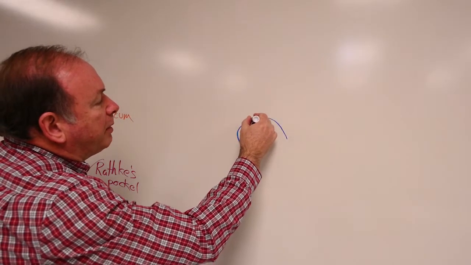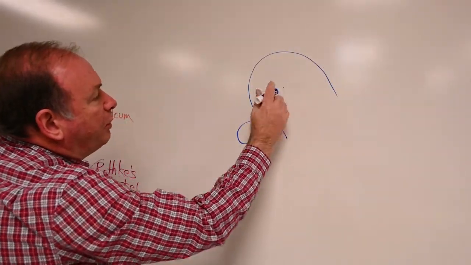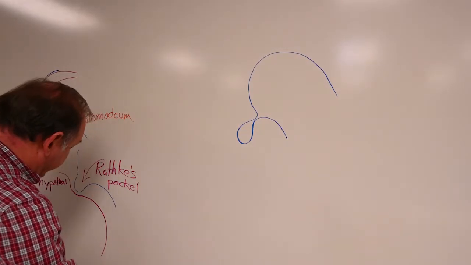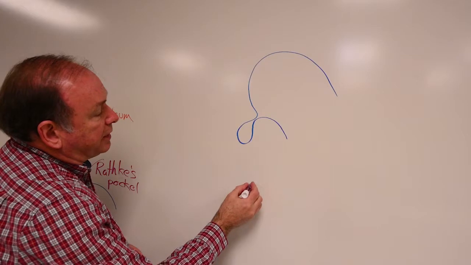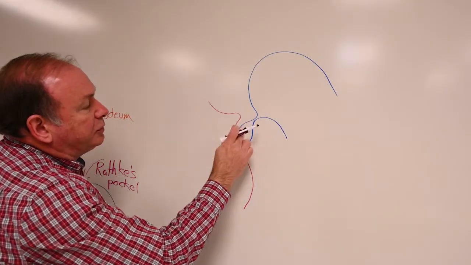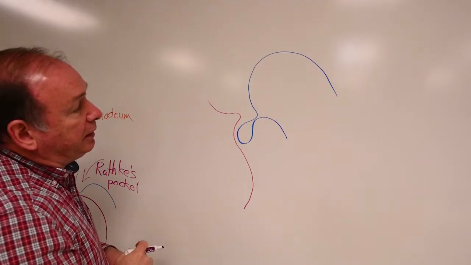It's going to be forming more of an invagination right there, and this is all stomodium out here. Rathke's pocket right there, and the floor of the brain comes along here. It's going to meet up with that and form a little downgrowth right there next to Rathke's pocket from the hypothalamus right here.